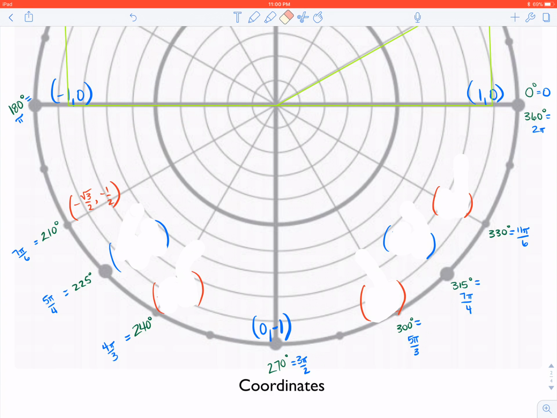And then the last pi over 6 position that I have is in the fourth quadrant at 11 pi over 6. Notice that I'm going to the right a long leg, and then I'm going down a short leg. So to the right is √3 over 2, the long leg, and down is negative 1/2.